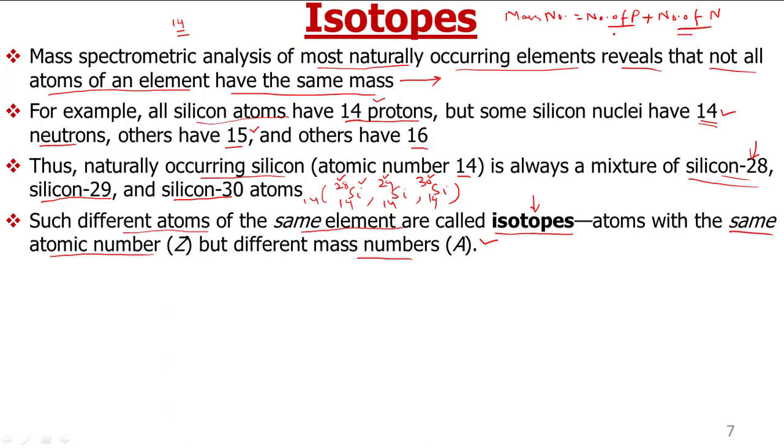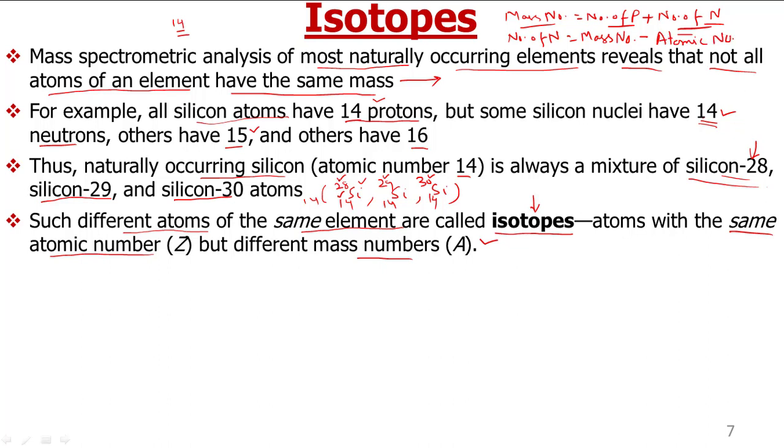The number of protons is the atomic number. So if we know the mass number and atomic number, we can calculate the number of neutrons. So we have a relation: number of neutrons is equal to mass number minus atomic number.